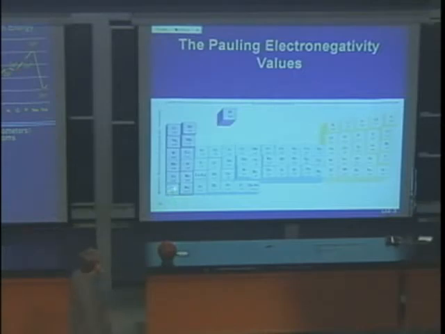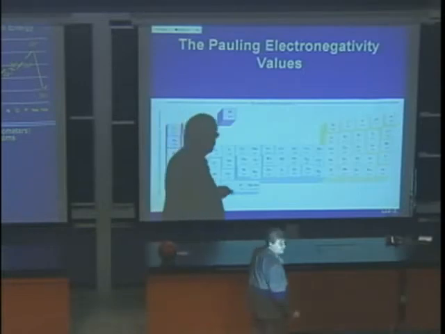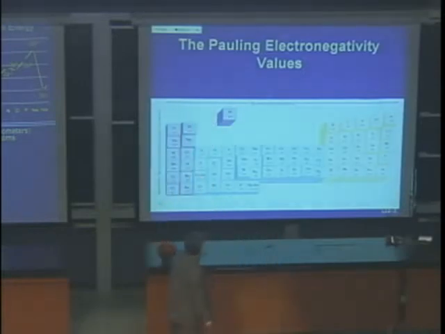So francium has 0.7 and fluorine has 4, and the others are in between here. So as we have discussed earlier, when you come from the metals to the non-metals, the electron affinity increases from left to right, and it goes down within the group from top to bottom.